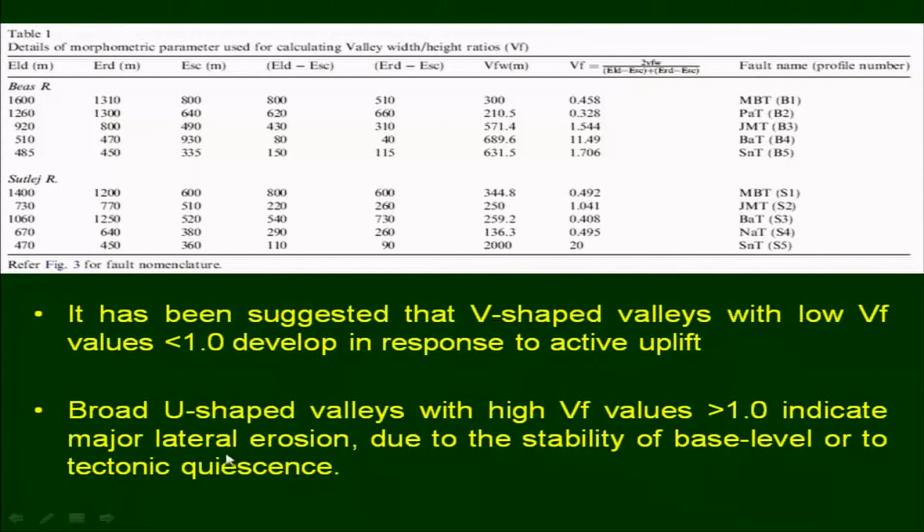So it will erode sideways and result in the formation of wider valleys, or you can say U-shaped valleys, due to the stability of the base level or to tectonic quiescence. So no tectonic activity is taking place, the area has remained quiet for a long period, and the base level is stable.